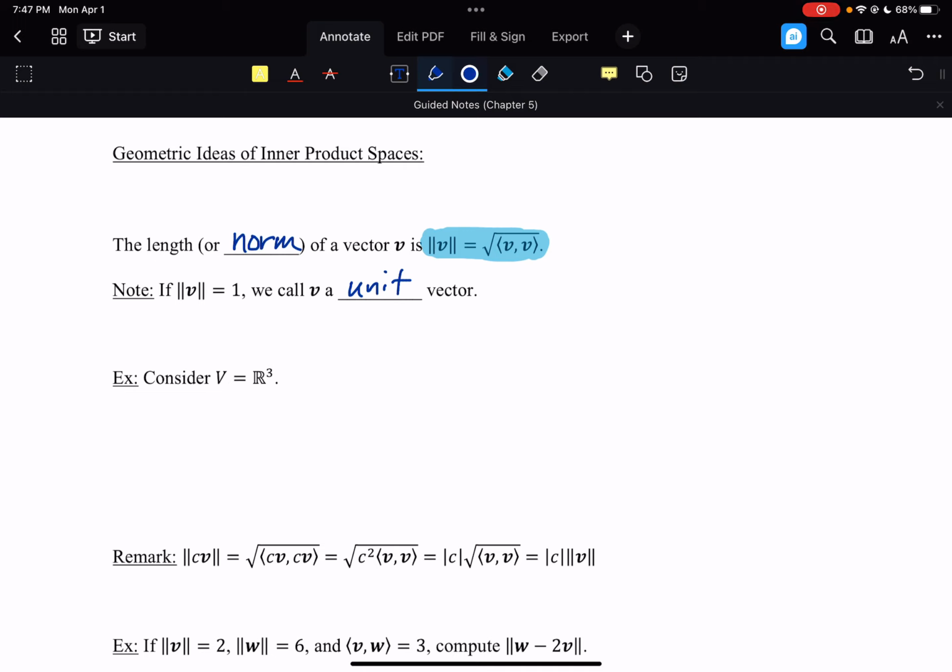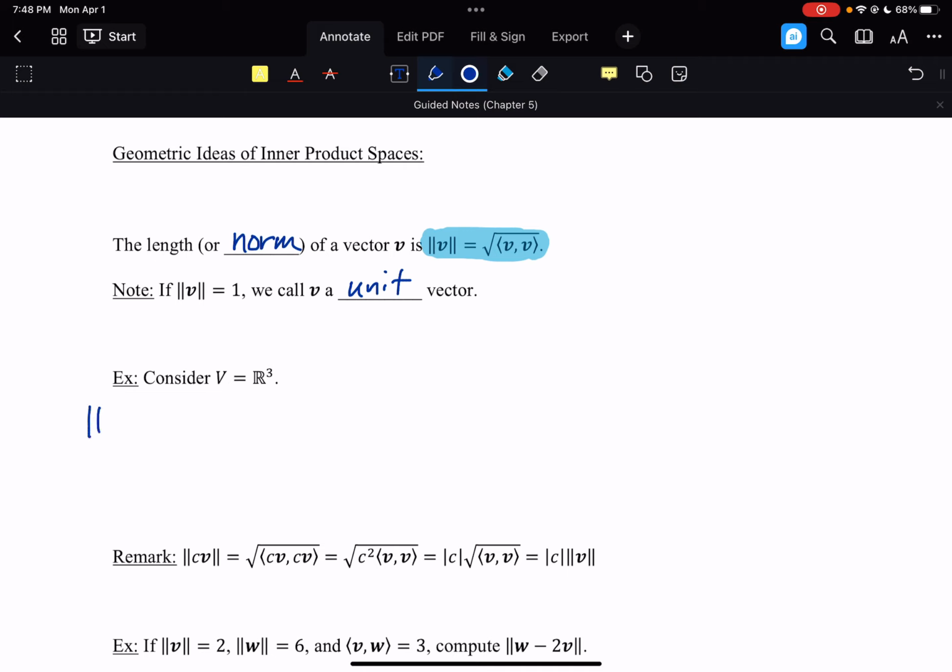So consider the vector space R3, the one that we should be the most familiar with. If we take the square root of the inner product of a vector with itself, we're using the standard inner product here, so the dot product.